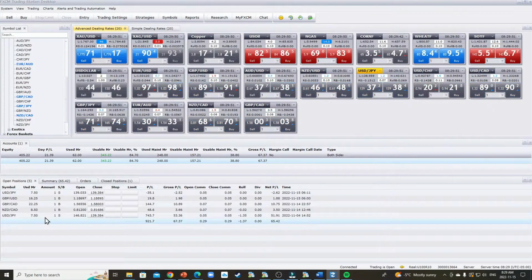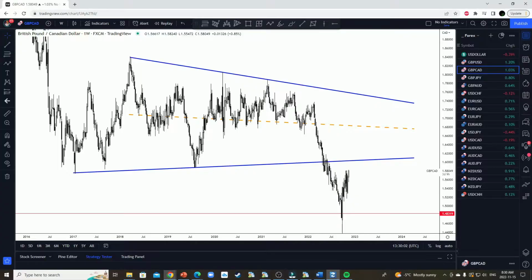So I went long on this one last night, Great Britain pound Canadian, and the pound US I just went long this morning. I didn't put on both of the trades at once because whenever two pairs have the same currency in them, you're not really diversifying too much. You're basically over leveraging.